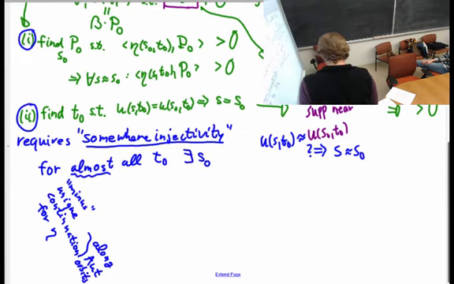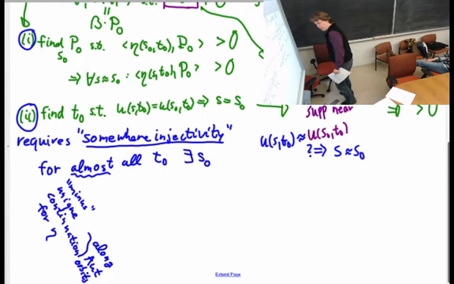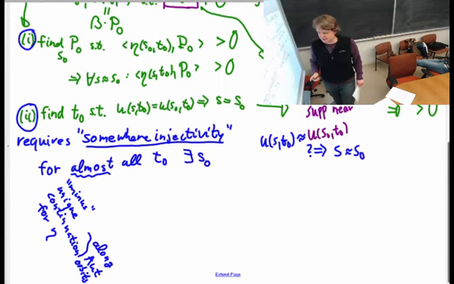So that means you don't need almost all T0s.